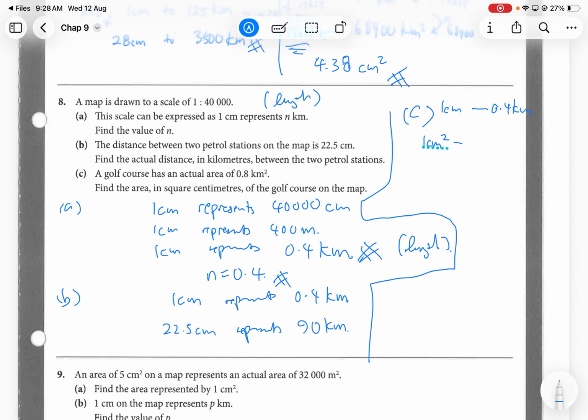I square 0.4, become 0.16 kilometers square. Key into my calculator, 0.4 square, become 0.16. So on the map, every 1 cm is 0.4 kilometer. Every 1 square cm on the map in the real world is 0.16 kilometer square.